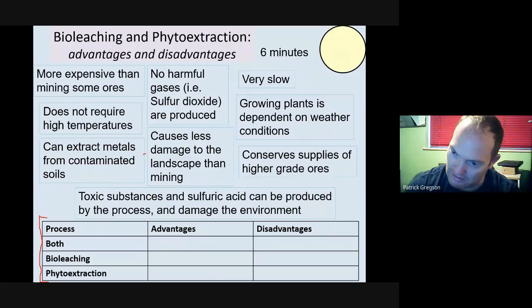What I'm going to do now is pause the video, so stop the video. No, I won't. I can't do that. I'm going to go onto the next screen quickly for those who are watching it back later on video, so you've got the answers. But do pause it if you're watching this on video, and then try to work out which ones would fit as advantages and which ones are disadvantages.